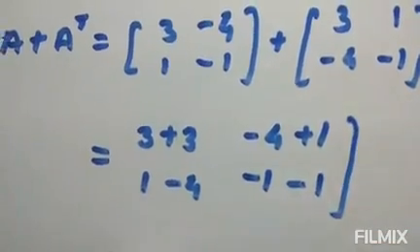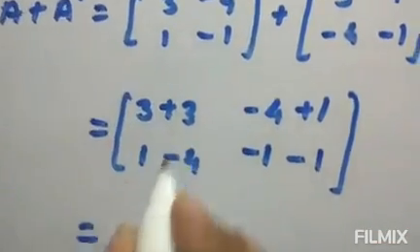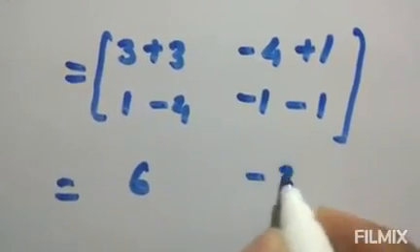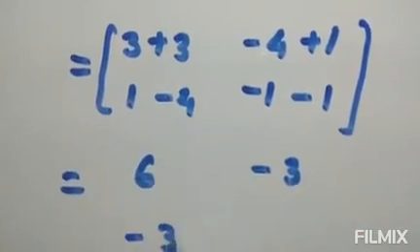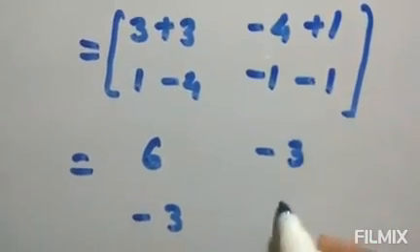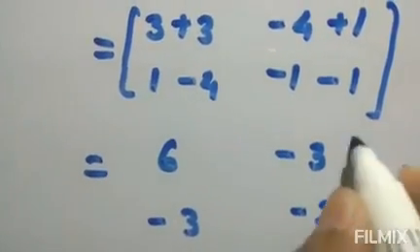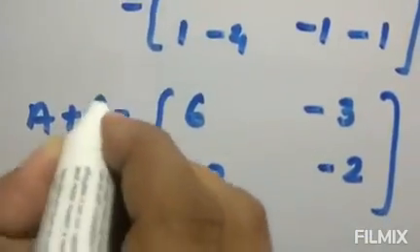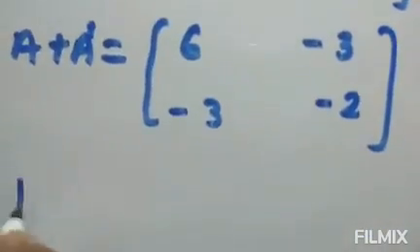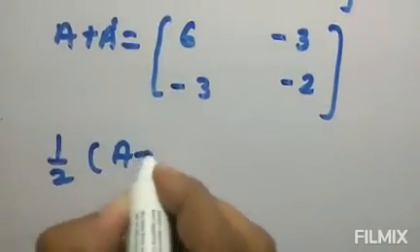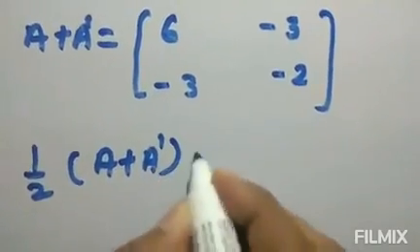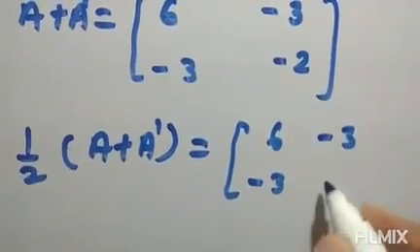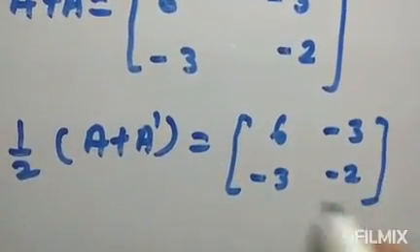So this one equals 6, -3, -3, and here -2. So A plus A dash. Now half times A plus A dash equals 6, -3, -3, -2 with the half.